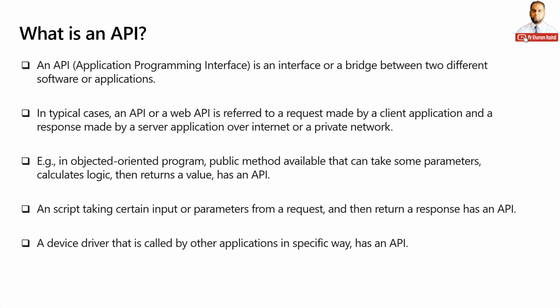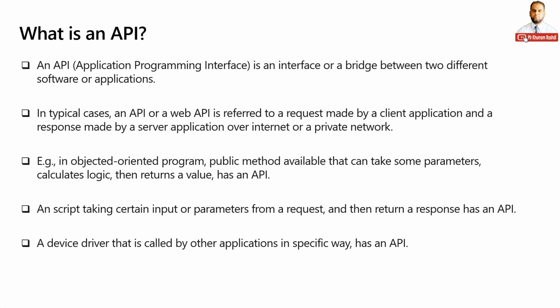So once it is exposed to an external class or external application, the public method can take some parameters or a filter criteria, calculate based on those values, and then return something. That is meant to be having an API, once an object-oriented program has an exposed public method.